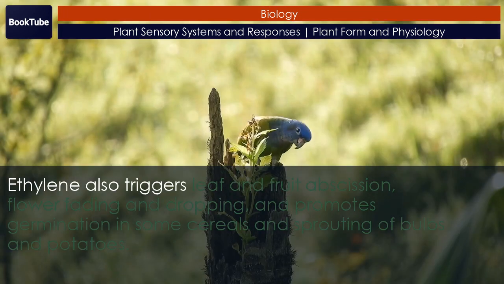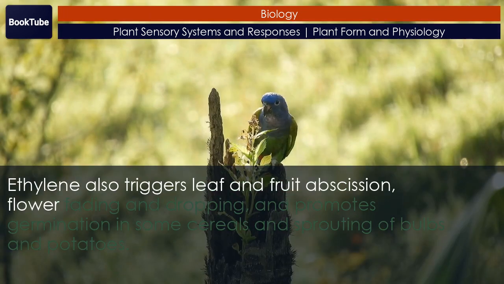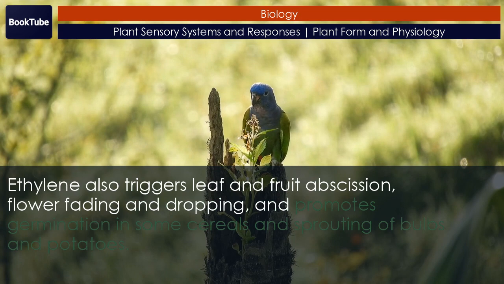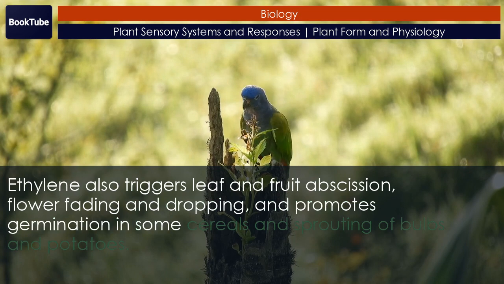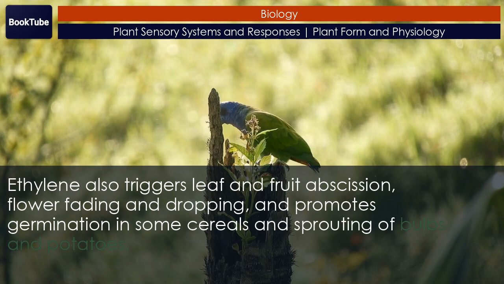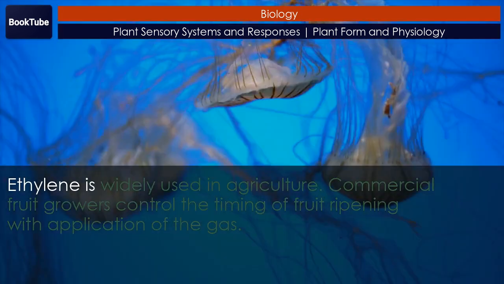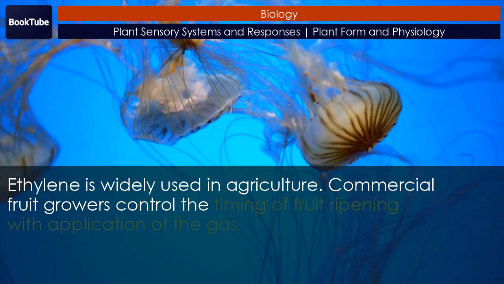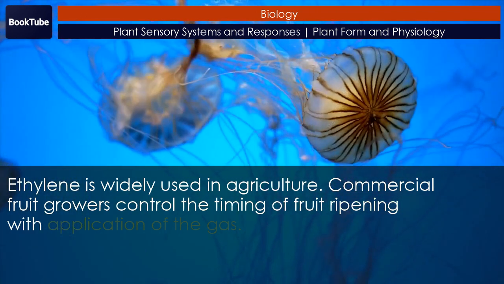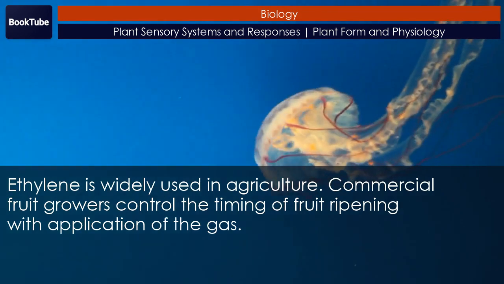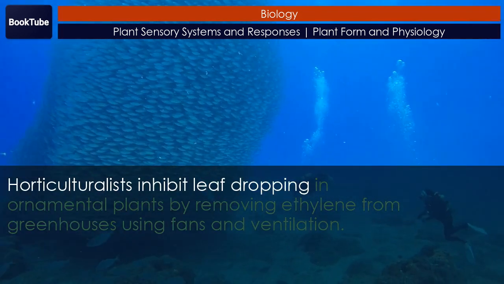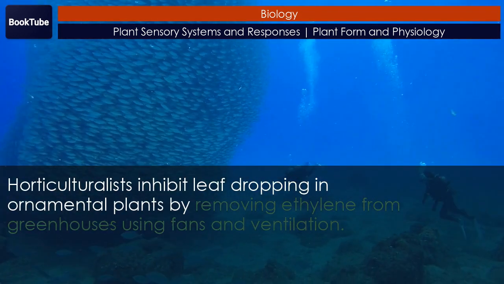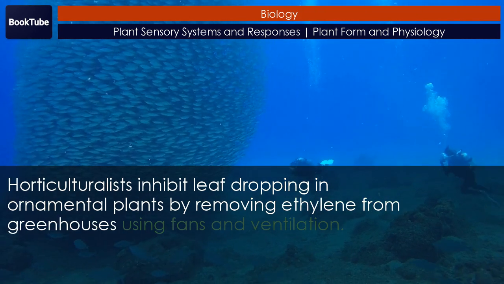Ethylene also triggers leaf and fruit abscission, flower fading and dropping, and promotes germination in some cereals and sprouting of bulbs and potatoes. Ethylene is widely used in agriculture. Commercial fruit growers control the timing of fruit ripening with application of the gas. Horticulturalists inhibit leaf dropping in ornamental plants by removing ethylene from greenhouses using fans and ventilation.